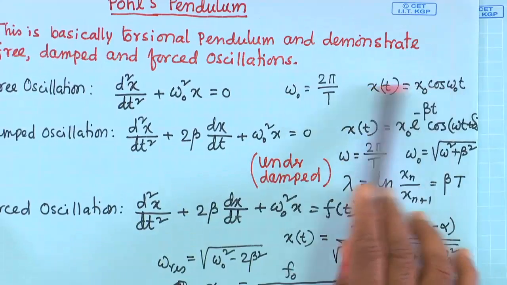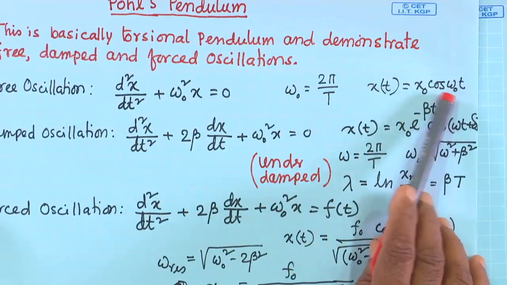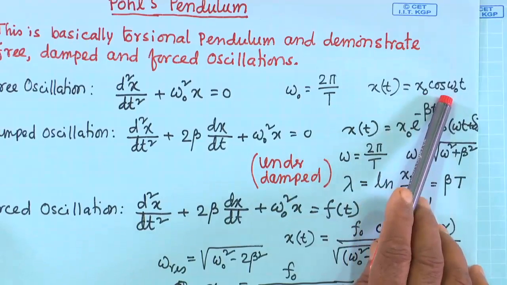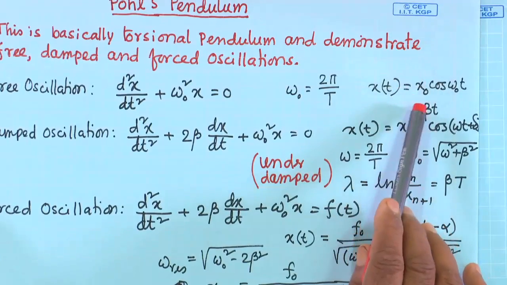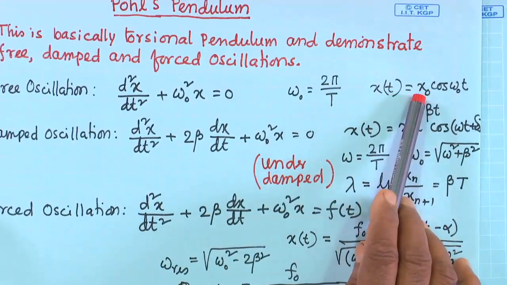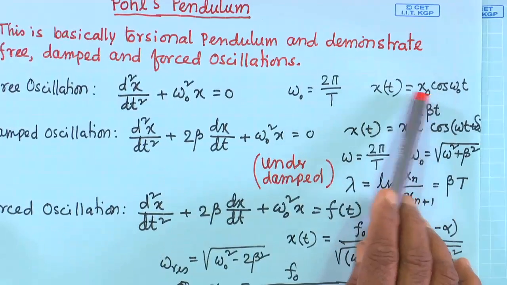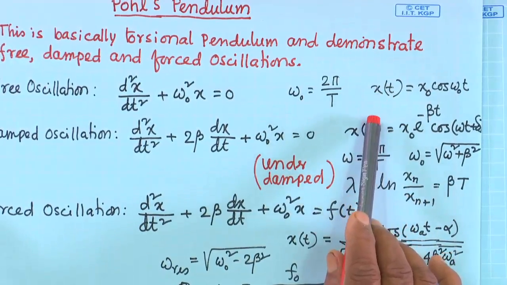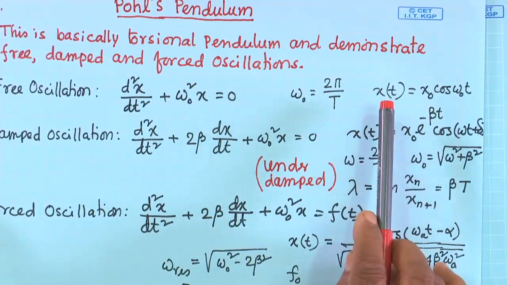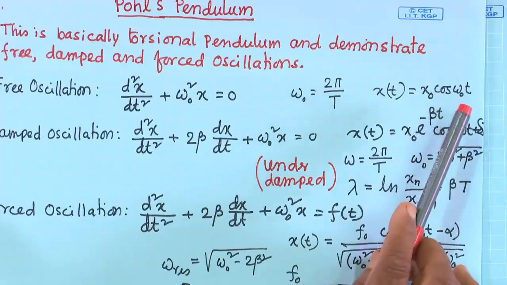That means it will be a cosine function. This oscillation is a cosine function with the amplitude x0, right. It will vary the equilibrium distance with time, right.